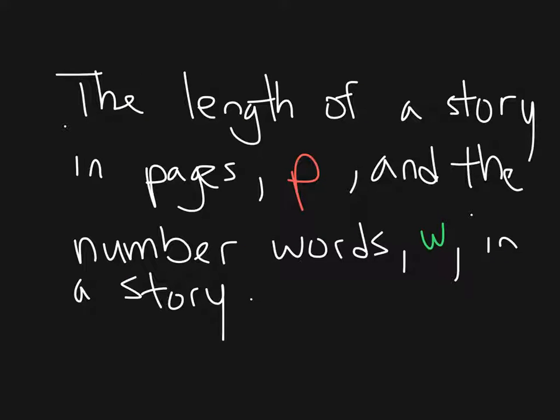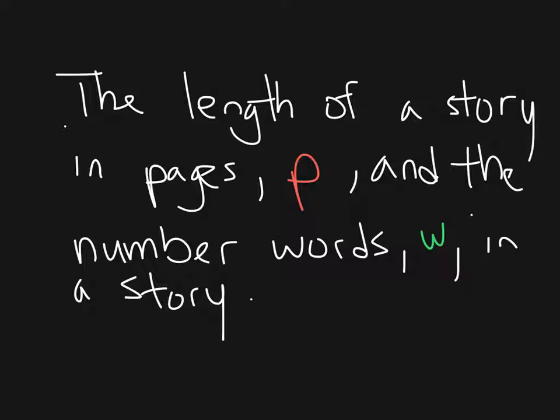So if we look at the length of a story in pages, represented by P, and the number of words in a story, represented by W, what are we going to look at? We're going to look and see which one affects the other one. So I'm trying to figure out which one is the independent variable and which one's the dependent variable. So which one affects the other?